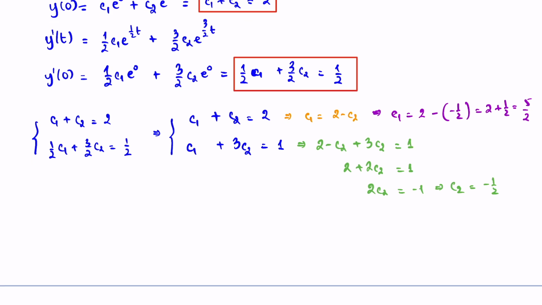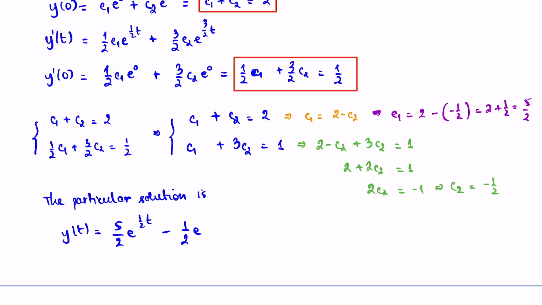Therefore, you get the particular solution, y of t equal to 5/2 times e to the 1/2 t, plus c2, that is minus 1/2 times e to the 3/2 t.